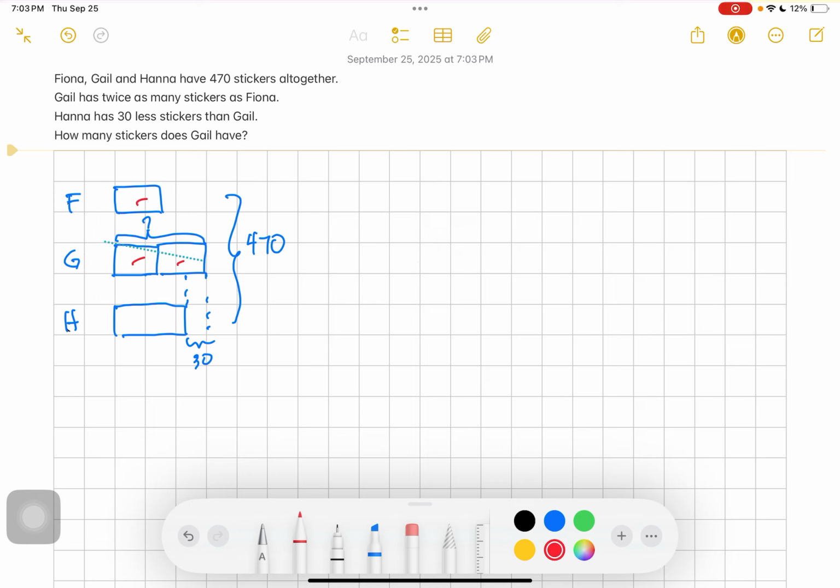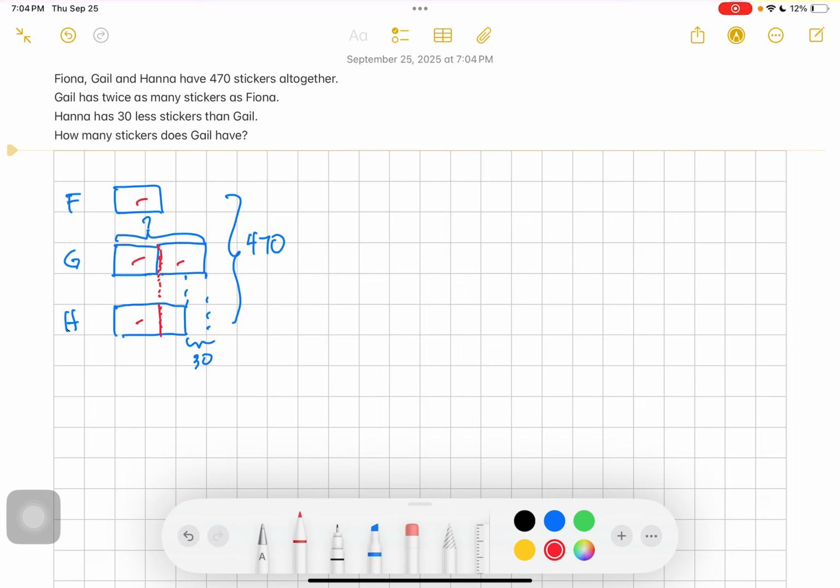We can also say that it could be 4 because as you can see here, Gail and Hannah, if you will see the comparison also, Hannah has 1 unit, a little more than 1 unit.